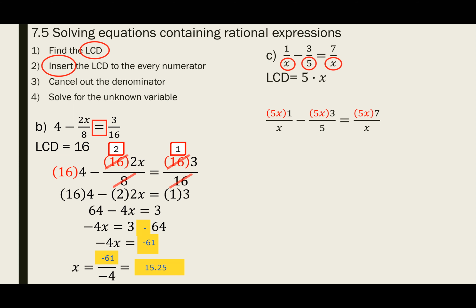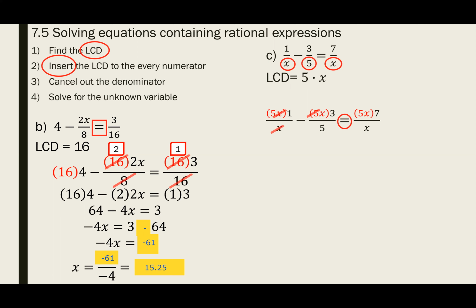We only insert onto the numerator. Don't insert to the denominator. When you have an equal sign, we don't insert to the denominator. So once we have this, this is the objective. We see the x on the numerator and the x on the denominator, we cancel them out.